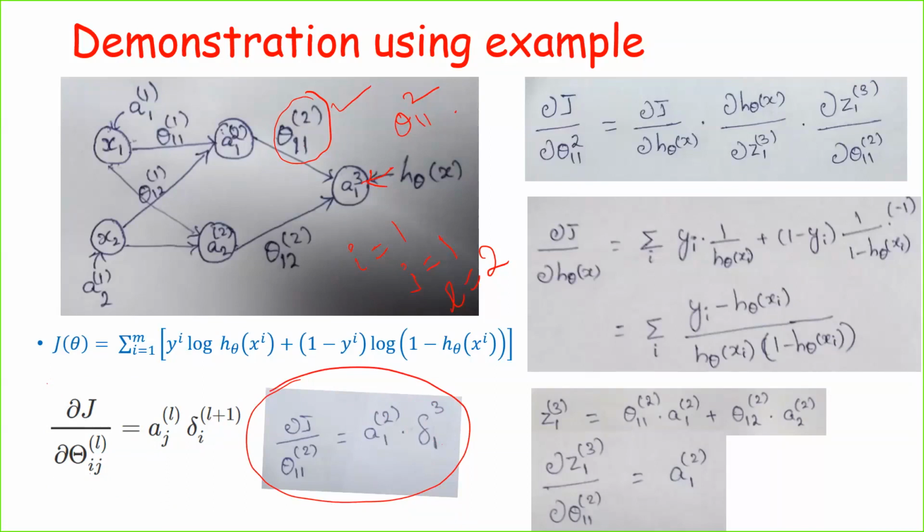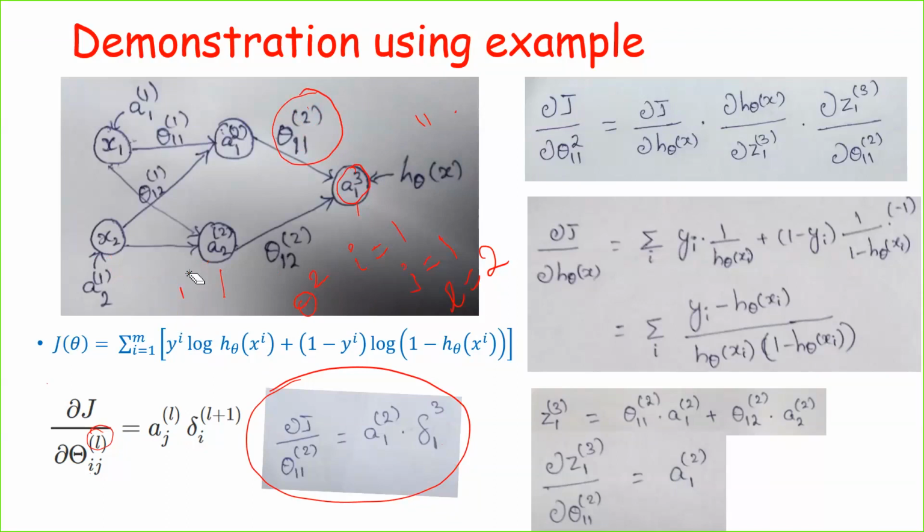You are computing with respect to theta 112. What is l corresponding to this weight? It is 2. A13 has l as 3, but you are talking about this weight, theta 112. The weight matrix between layer 1 and layer 2 is theta 1.